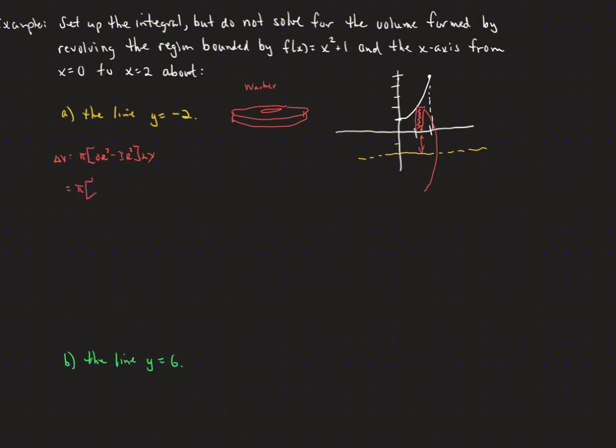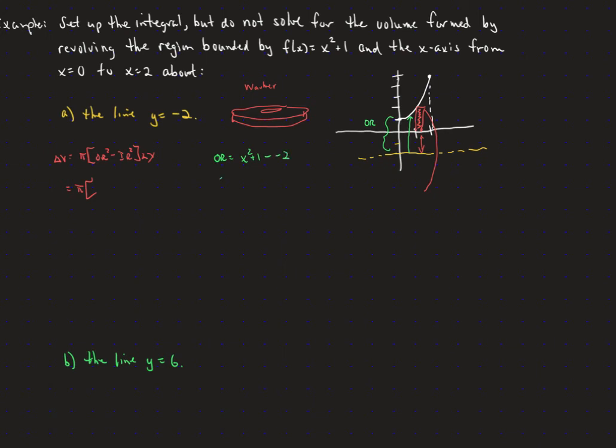So the outside radius is going to be that distance that goes from the line of revolution up to the outer edge of the hole. So this is our outside radius. And because it's vertical, we're going to go top minus bottom. The top of that rectangle is on the curve, so that's going to be our x squared plus 1, minus the bottom of that, that line of revolution, which is -2.